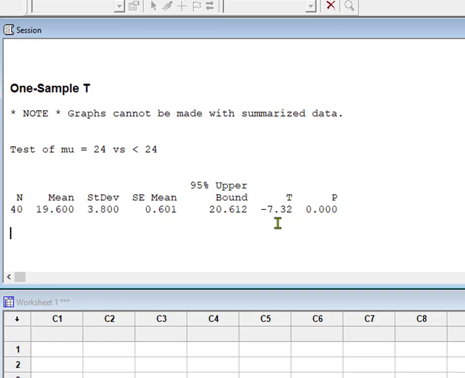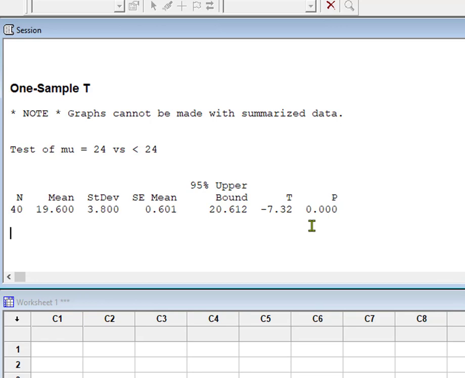The T statistic was negative 7.32. We know that because we did that one by hand. It wasn't necessary to do it by hand since Minitab is going to do it for us, but it's nice to be able to verify that everything is correct, and that verifies that I've entered the right data in the right places. And now the p-value.